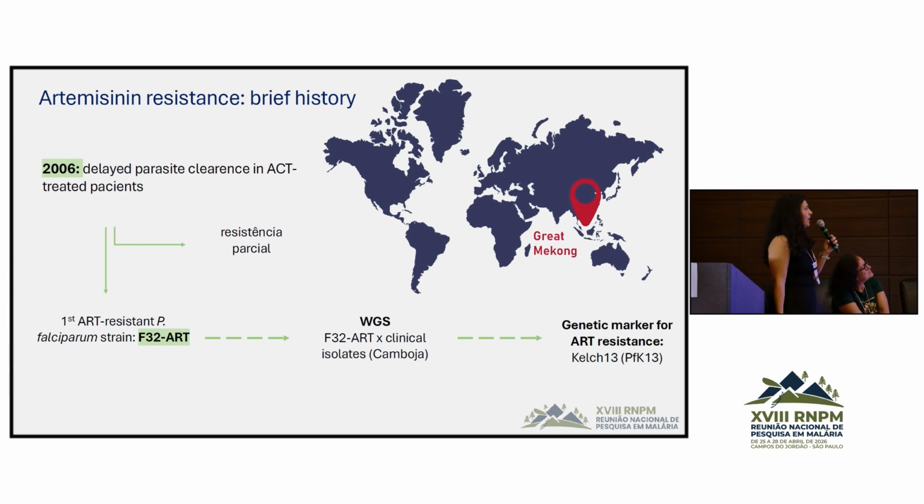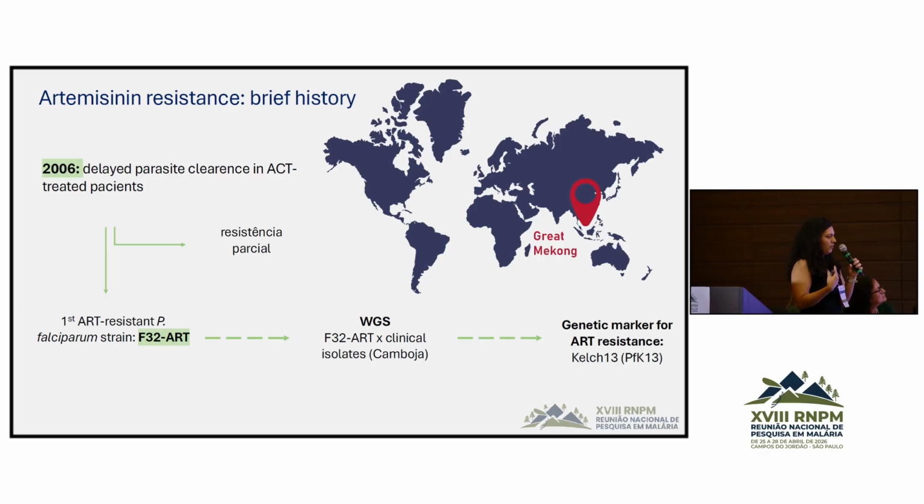The colleagues discussed a little bit about the scenario. So speaking about the history, in 2006, we identified in Southeast Asia an important clinical milestone of resistance to artemisinin, which is delayed parasite clearance in ACT-treated patients. This milestone is also known as partial resistance to artemisinin, and concomitant to that, there was the development of a laboratory strain.